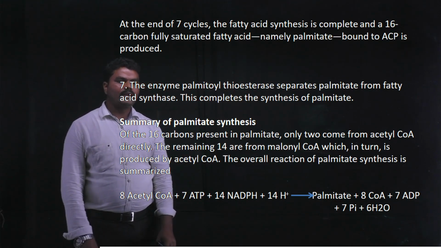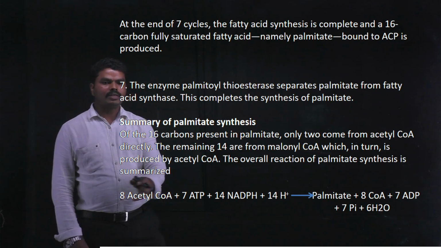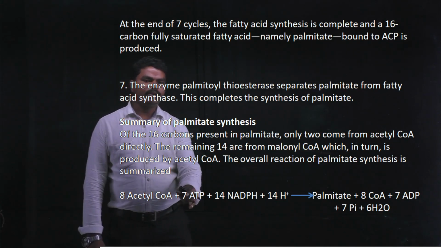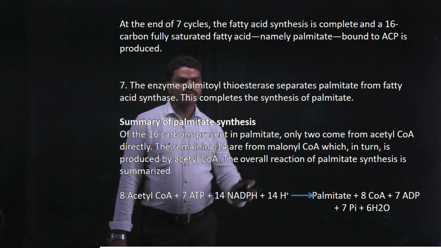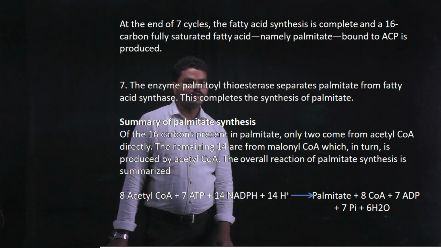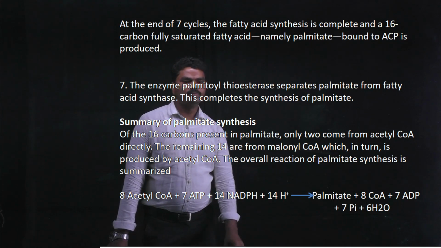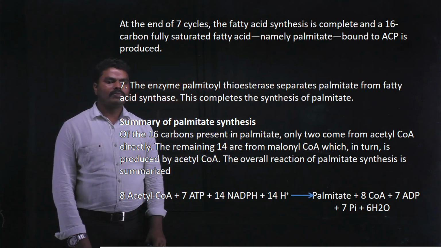So the overall reaction of palmitate synthase is summarized like this. 8 acetyl-CoA plus 7 ATP and 14 NADPH plus 14 hydrogens will produce the palmitate, and 8 CoAs plus 7 ADPs plus 7 Pi plus 6 H2Os.